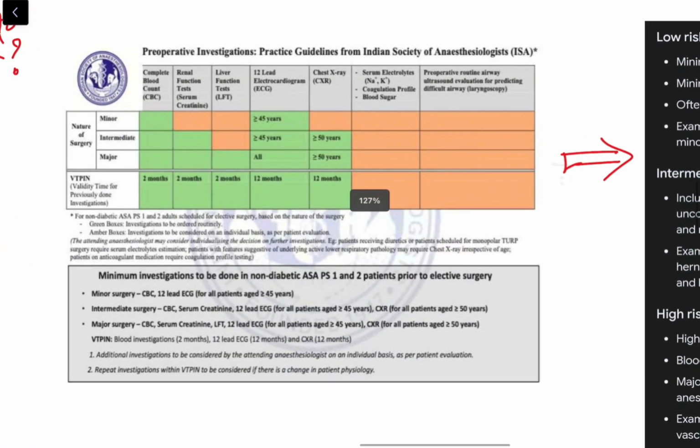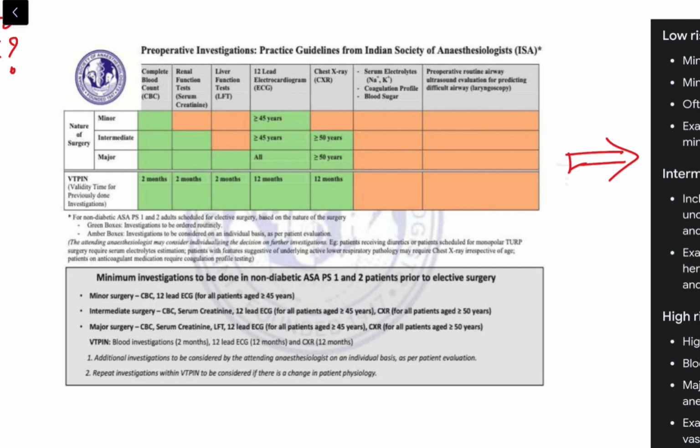This chart is given by the ISA, Indian Society of Anesthesiologists Practice Guidelines, which says that not all investigations are required for all patients. If you look at this table, it is mentioned that for a minor surgery, only CBC and a 12 lead ECG is required, and the 12 lead ECG also only if the patient is more than 45 years of age.